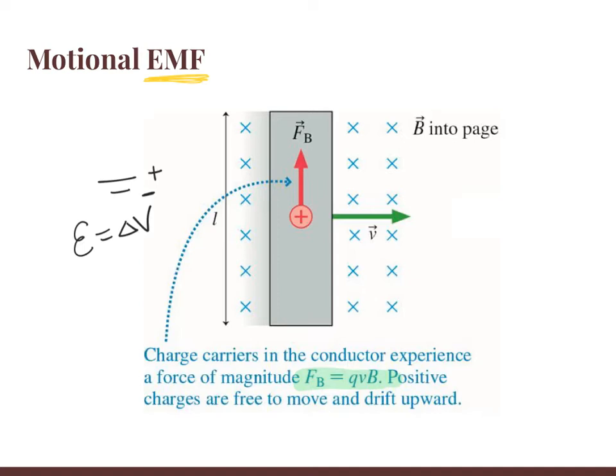So as this bar, this conductor here, moves across the page to the right, all of its positive charges are going to feel a force going up. Similarly, all of its negative charges would feel a force going down because they experience the force opposite of the positive charge.